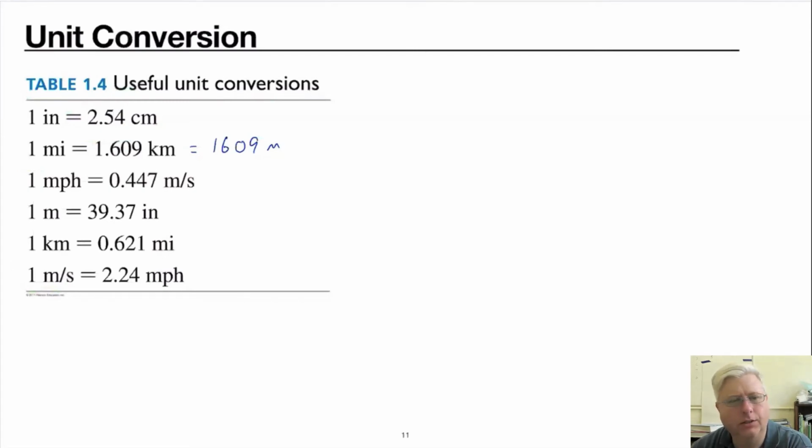But it's good to practice and get the hang of it, because converting units and keeping your units consistent is important. It can really help you, as you're solving problems, to identify any particular mistakes you might have made. We'll go through some examples of that. I don't want you to just Google everything, you can just type in how many inches or whatever.